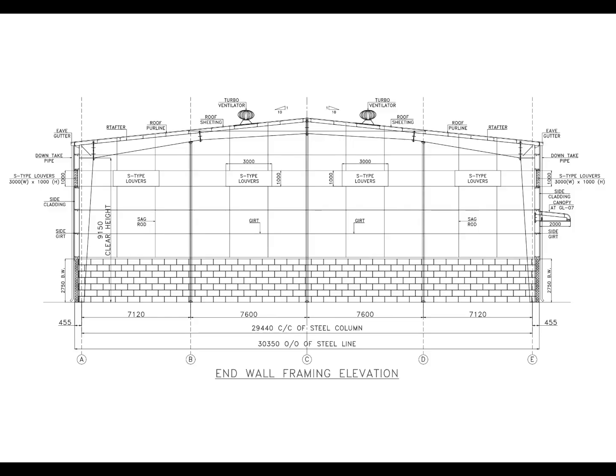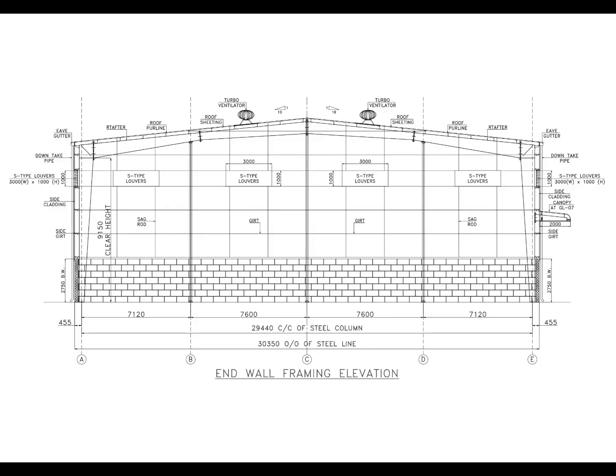The important thing to understand is that the term girt refers to the function and location within the wall framing system. The arrangement can vary depending on the wall configuration, openings, bracing, and project requirements.